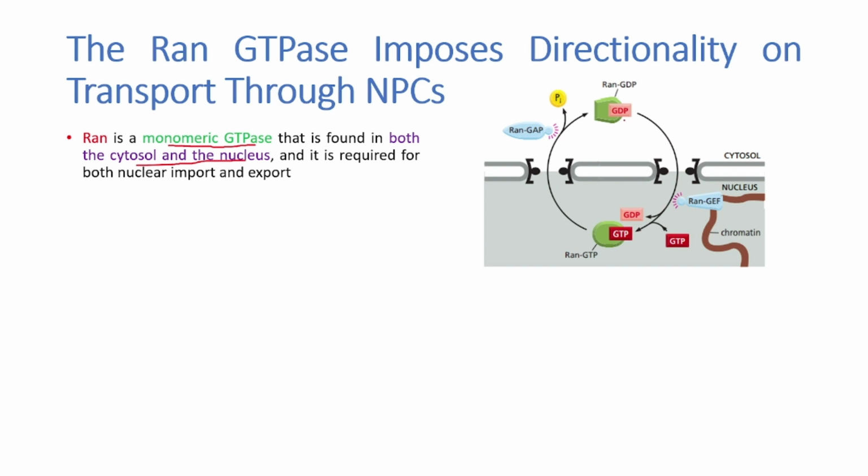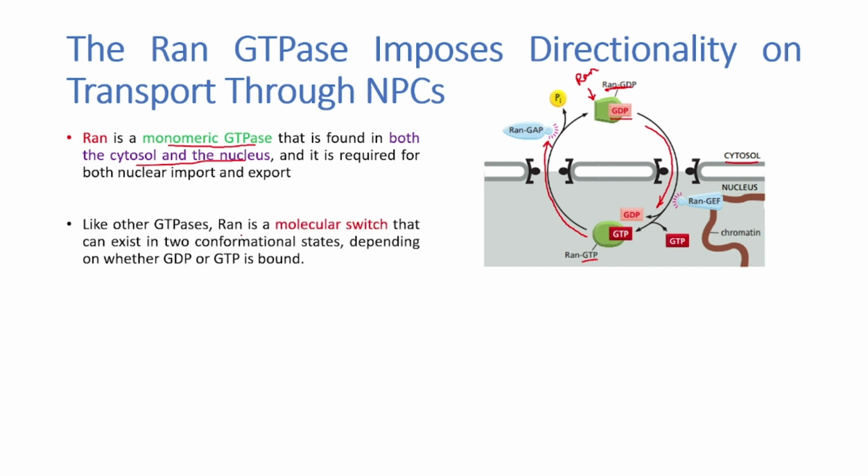As you can see on the right hand side, this is the Ran monomeric GTPase, and in the cytosol it is bound to GDP. When Ran moves from the cytosol into the nucleus, it gets converted into Ran GTP, and when this Ran GTP moves back to the cytosol from the nucleus, it gets converted into Ran GDP.